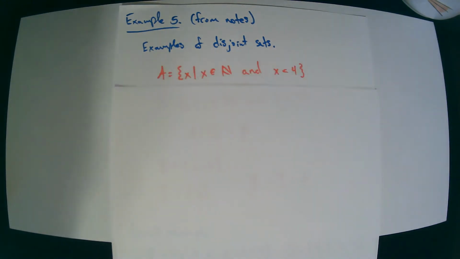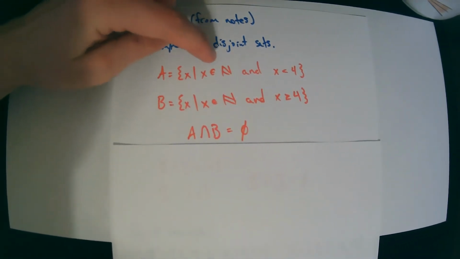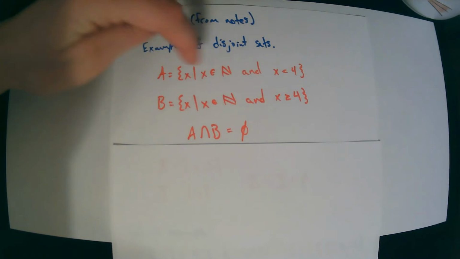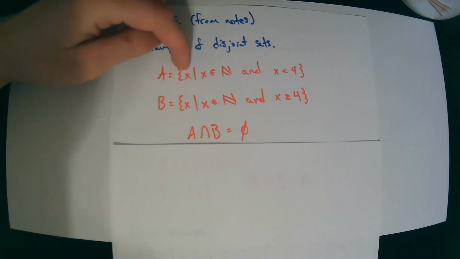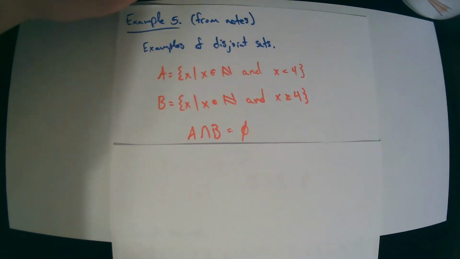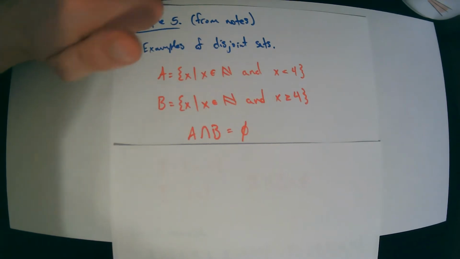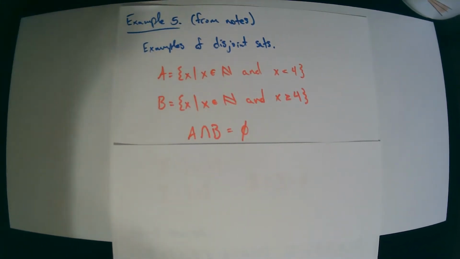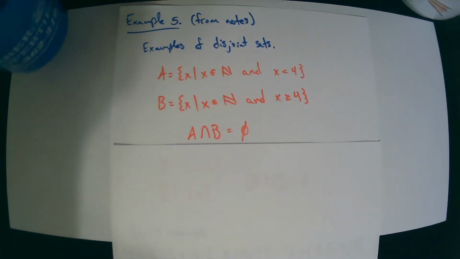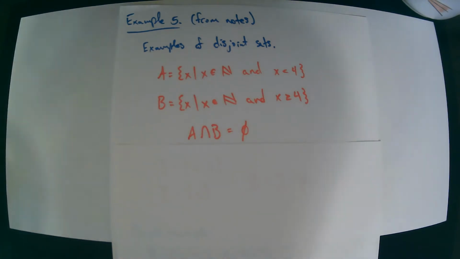My examples were the sets A and B. A being the set of all elements x, such that x is a natural number and x is less than 4. Remember, this is set builder notation. The set of natural numbers is just 1, 2, 3, 4, 5, 6, etc. The set of natural numbers that are less than 4 is just 1, 2, 3. So the set A is just the numbers 1, 2, 3.